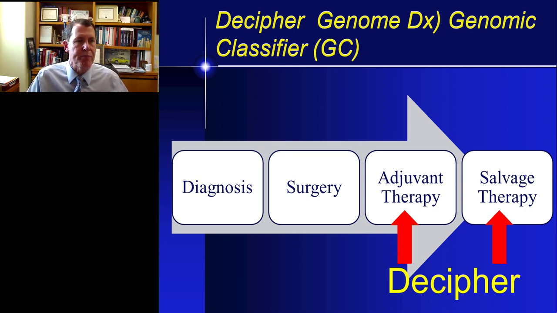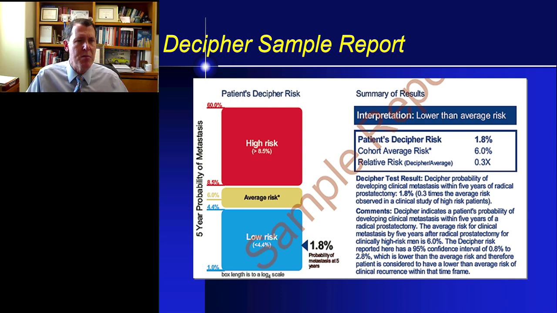This is the sample report, and it places patients into a low-risk, average-risk, or high-risk group post-prostatectomy and provides the patient's relative risk of metastasis and then compares that to a control population. And you see this headline, genomic testing predicts radiotherapy benefit after prostatectomy.